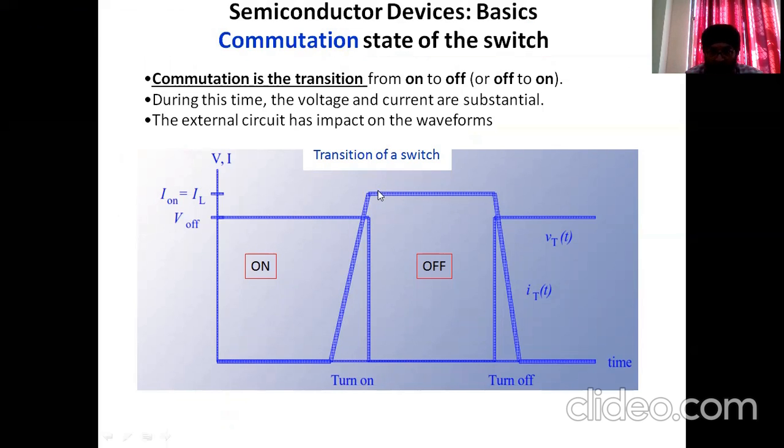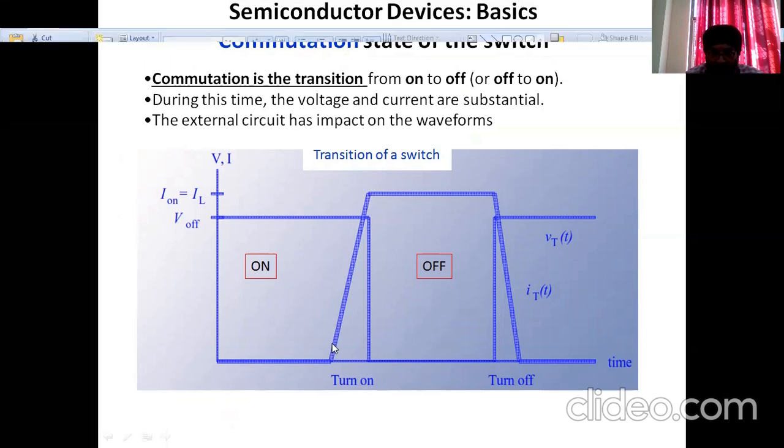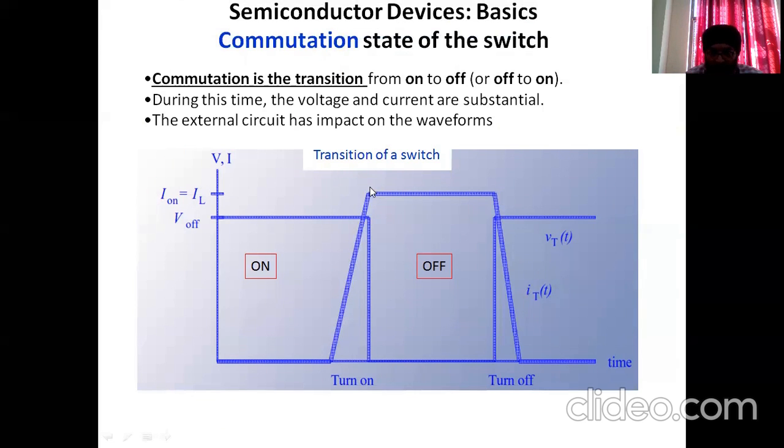So during this time period, it takes some time to turn on and turn off. From here, the switch was turned on, and from turning on to turning off, it takes some time, and from turning off to turning on, it takes some time. Just to be familiar with that, there is fast transition, meaning fast switching, and slow switching. It takes some time.